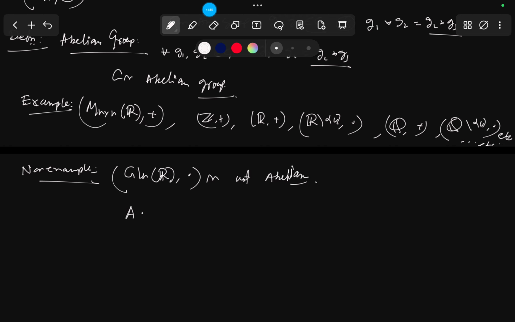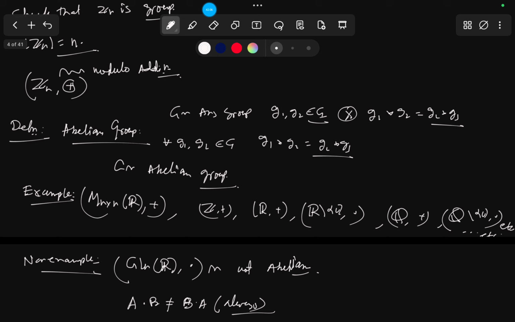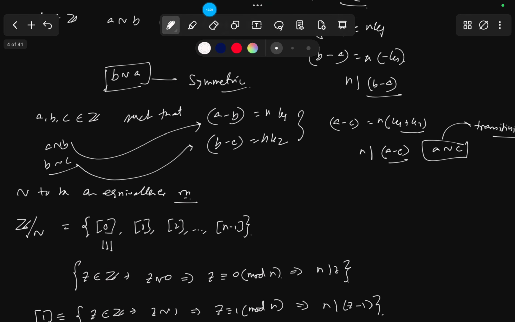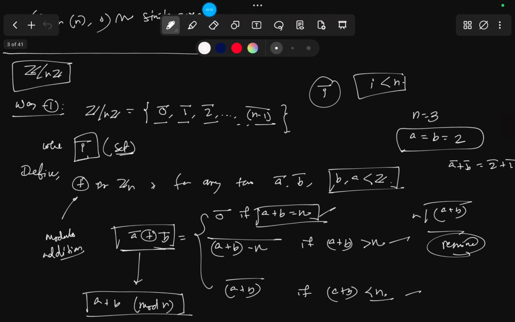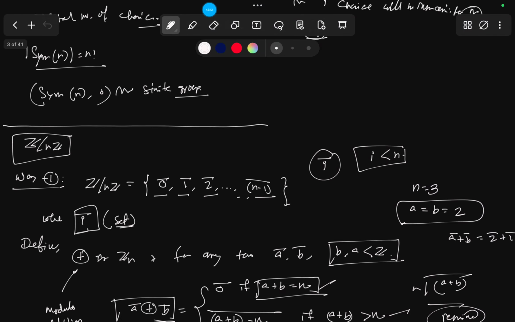Because if you take any two matrices, A dot B is not always the same as B dot A, right?